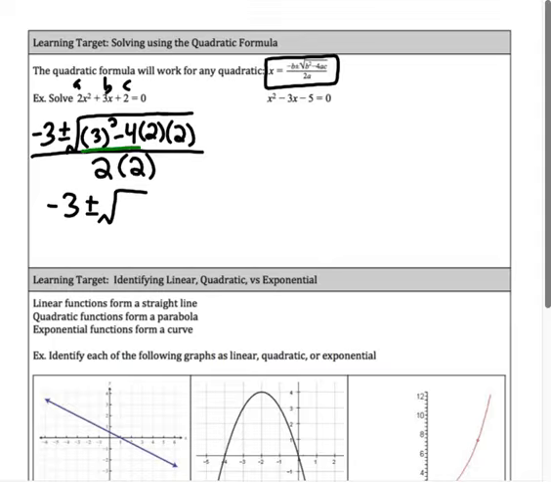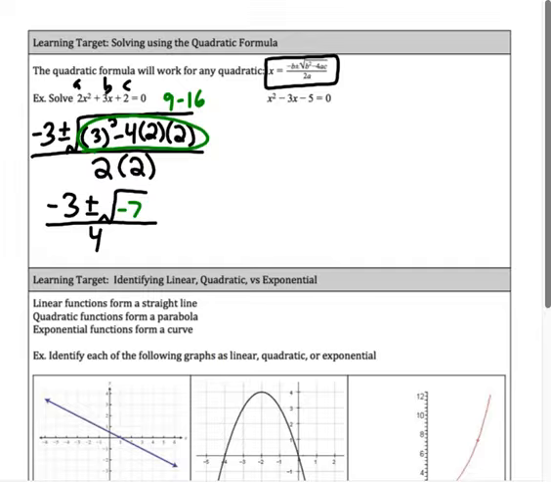The first thing I always did is I got a number for that. Well, 3 squared is 9. 4 times 2 times 2 is a negative 16. All right, so 9 minus 16 will get us a negative 7.